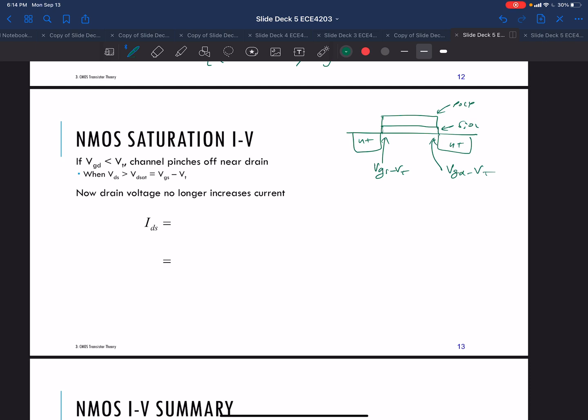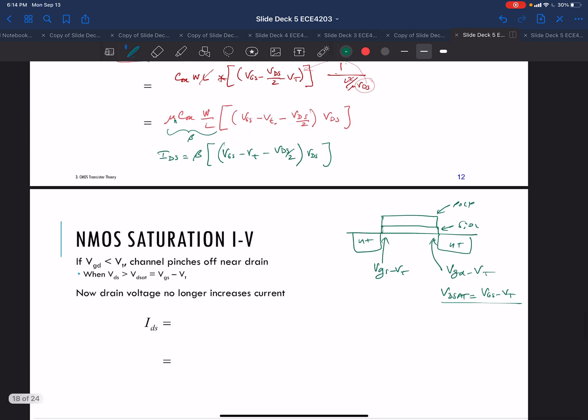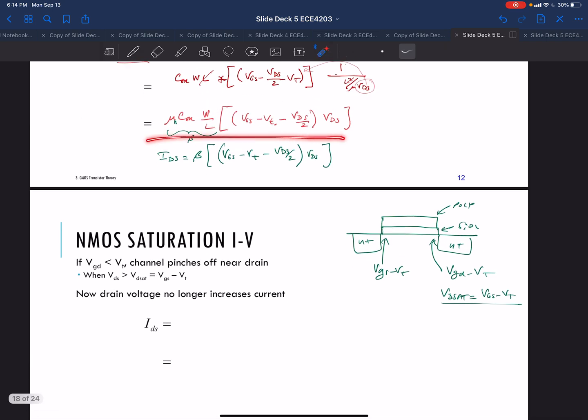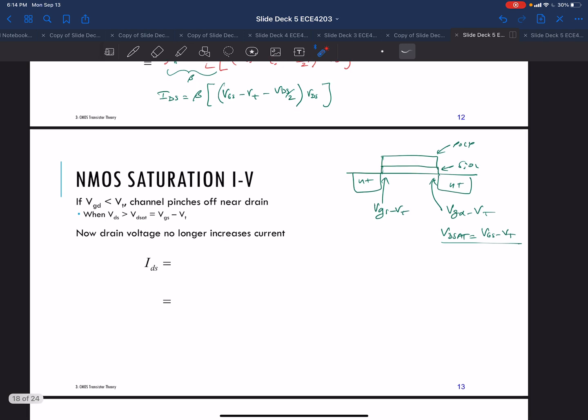And at some point, VDSat is equal to VGS minus VT, at some point for the drain voltage, you basically get into this pinch off. Okay, so basically we can take this equation and plug in VDSat for VDS to see what happens at that point.